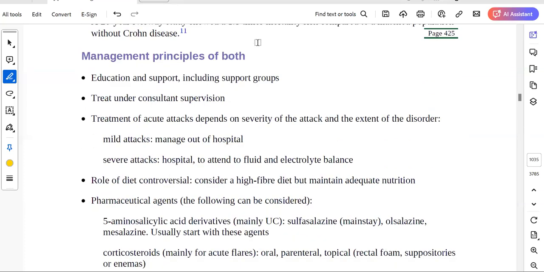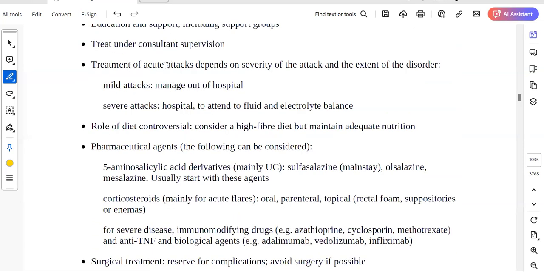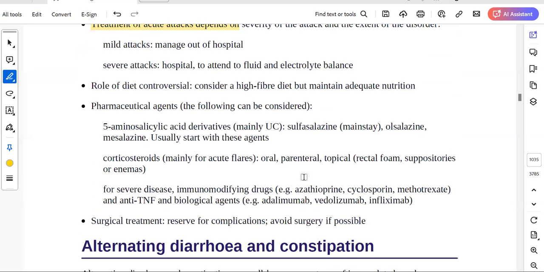So how do we treat inflammatory bowel disease? For acute treatment, usually you need to put them on a steroid. A steroid is mainly for flare-up, and there are lots of steroids; you can give them orally, parenterally, or topically. So mainly a steroid is the treatment of choice for acute flare-up.